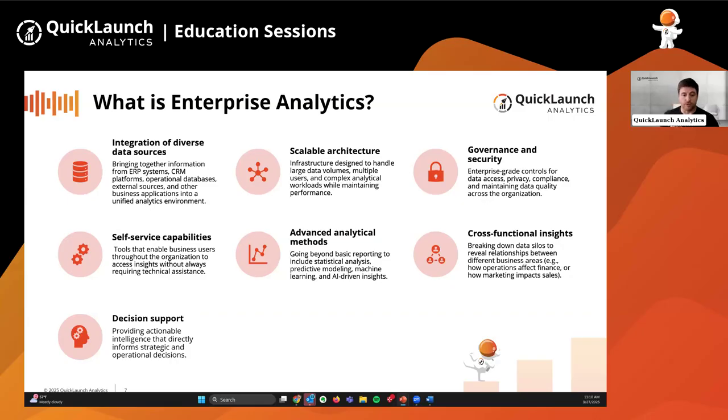It's enabling self-service for business users without that technical expertise. It's scaling with your data footprint without performance issues, and it's providing that cross-functional or cross-departmental insights so you can start to see the complete picture.